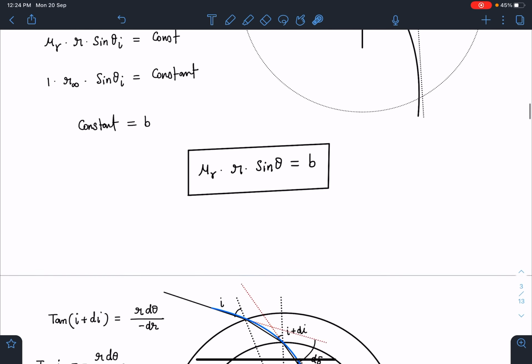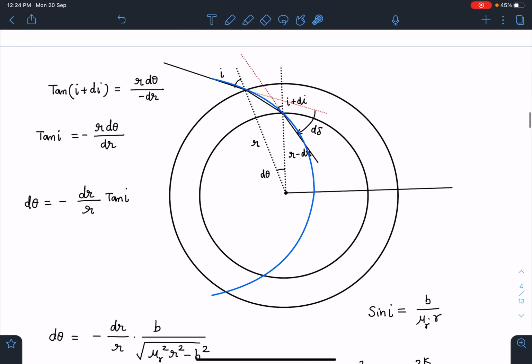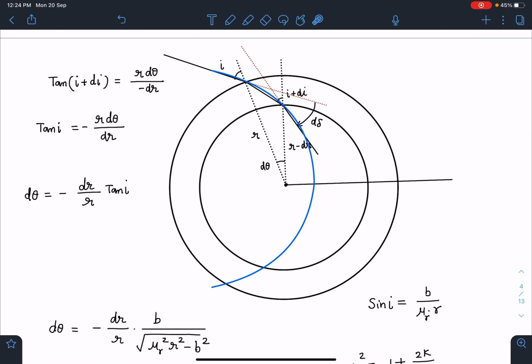So let's move ahead. Now I'm considering any two layers. Let's say this radius is r, and here the angle of incidence is I, and then at another point this radius is r minus dr, and here the angle of incidence will become I plus di.